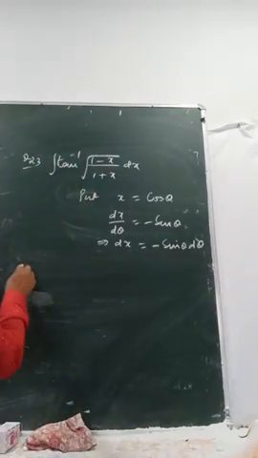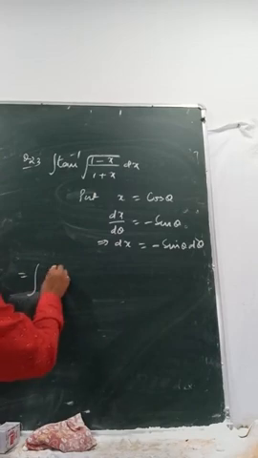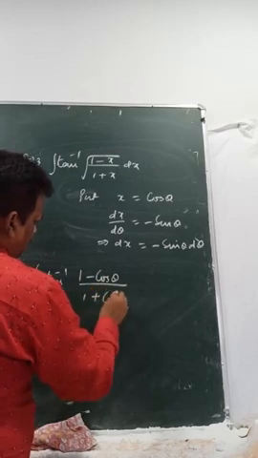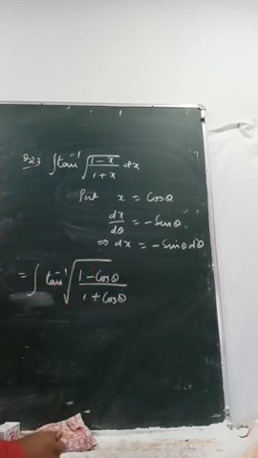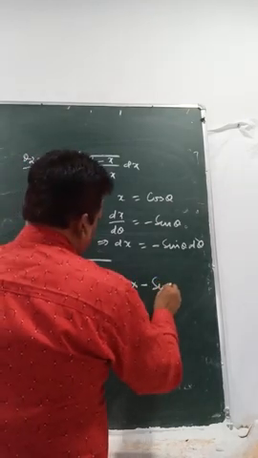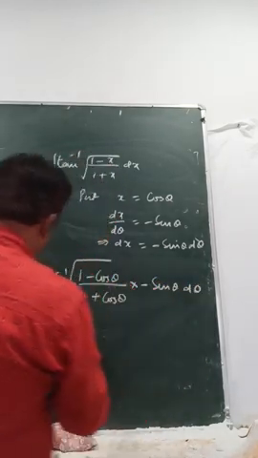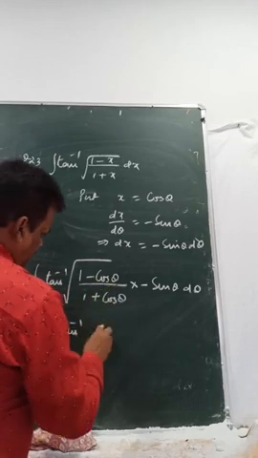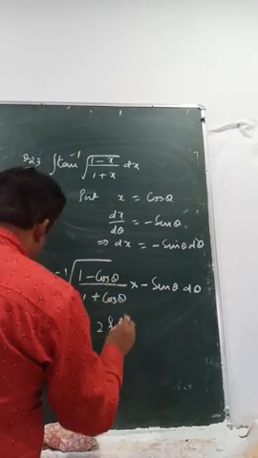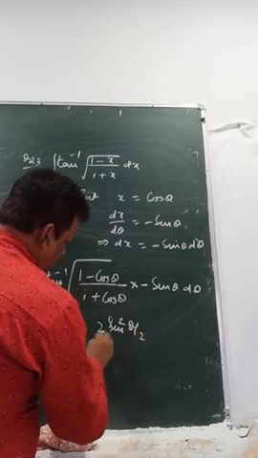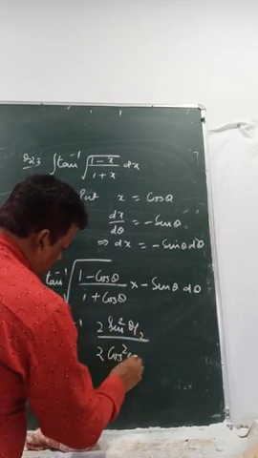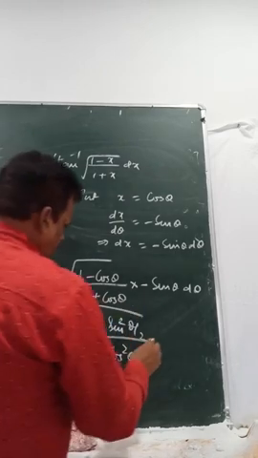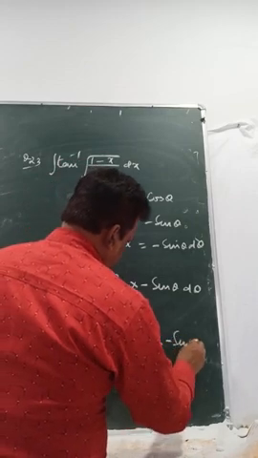Then it is tan inverse under square root of 1 minus cos theta by 1 plus cos theta into minus sin theta d theta. Tan inverse, this is half angle, 2 sin square theta by 2, 2 cos square theta by 2, into minus sin theta d theta.